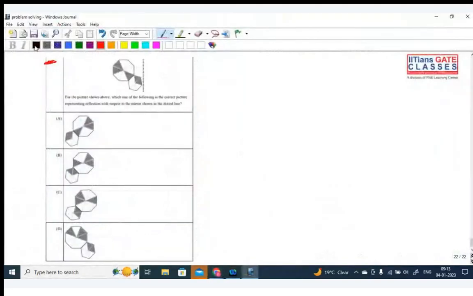Question number, guys. For the picture shown above, which of the following is correct? The picture represents reflection with respect to the mirror. What they are asking is the mirror image, because they have put the mirror vertically.